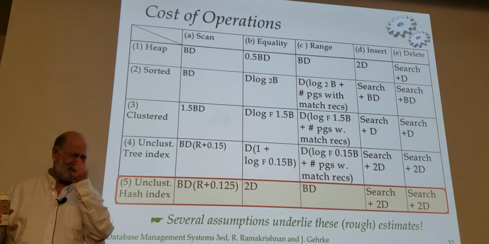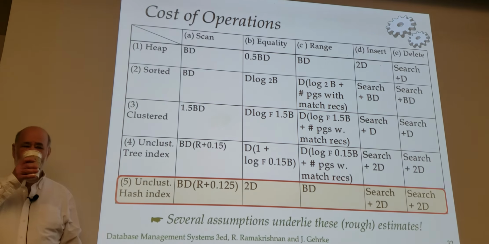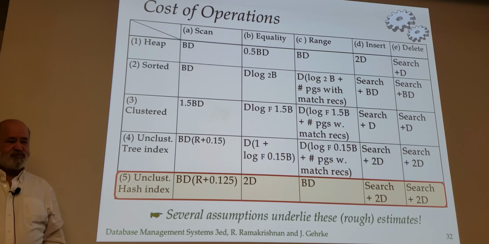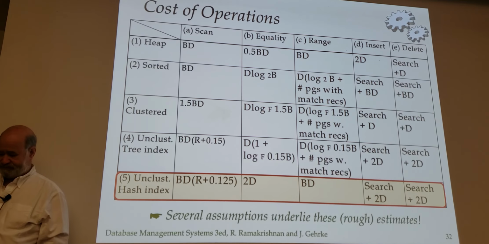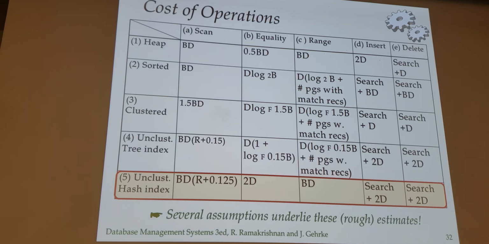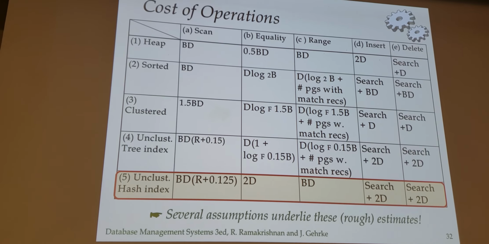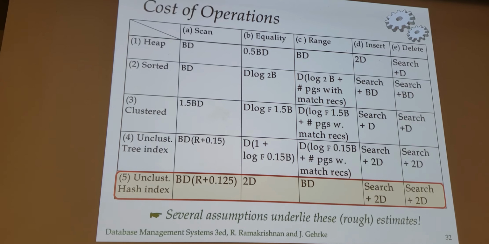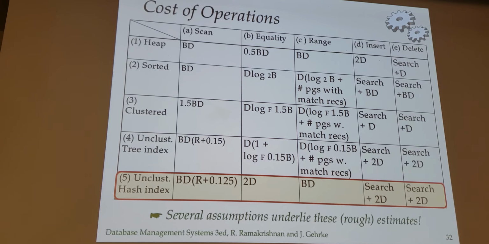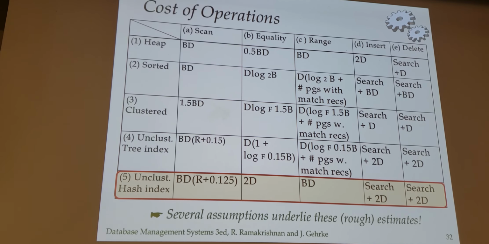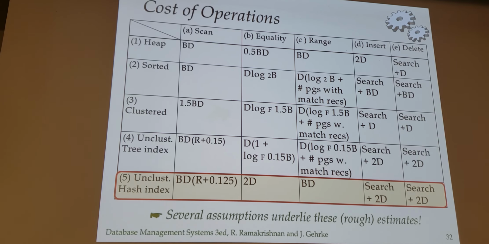Second question. So I'm confused by why there's addition in this. If you go and find the record, wouldn't you just, why isn't it 0.125 times BD times R? There are two things that are involved. There's using the index and there's getting the records. And the same is also true on the line above.